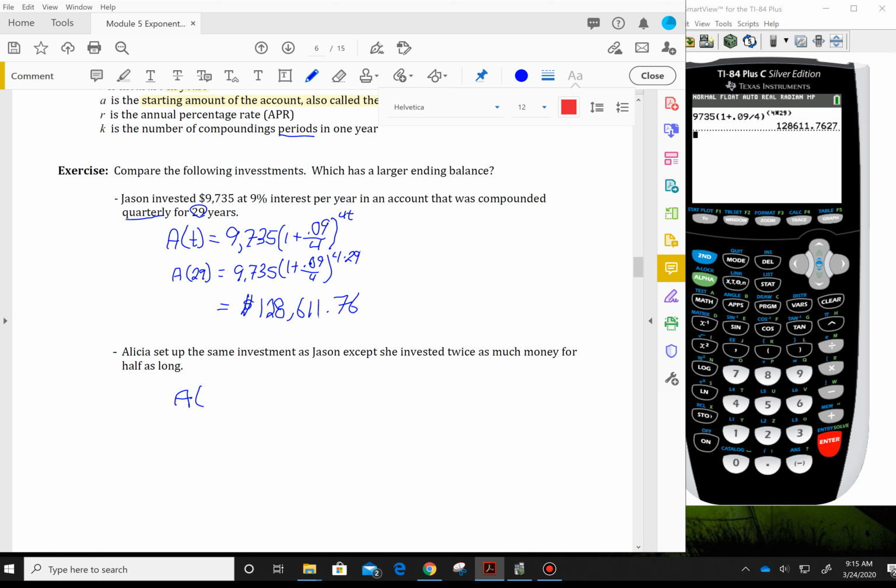So the value of Alicia's investment, A of t. Well, she invested twice as much, so not 9,735. She would have invested 19,470. 1 plus, now she had the same interest, 0.09, compounded quarterly, raised to the exponent of 4 times.